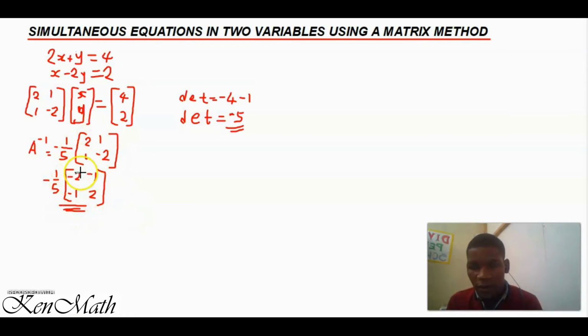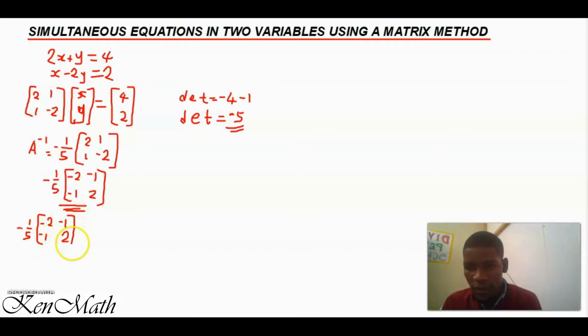And then after we find the inverse, we're going to multiply both sides by the inverse. So we're going to say negative 1/5, open brackets, the inverse, which is negative 2, 1, 1, and 2.